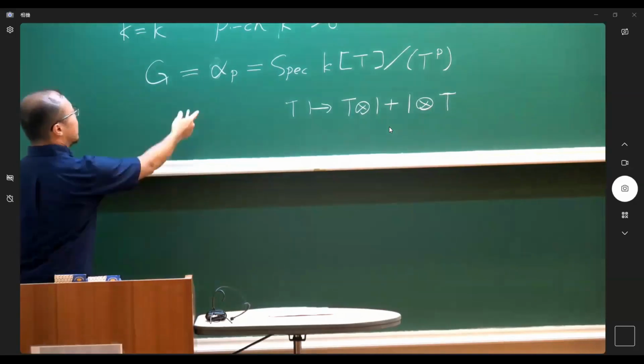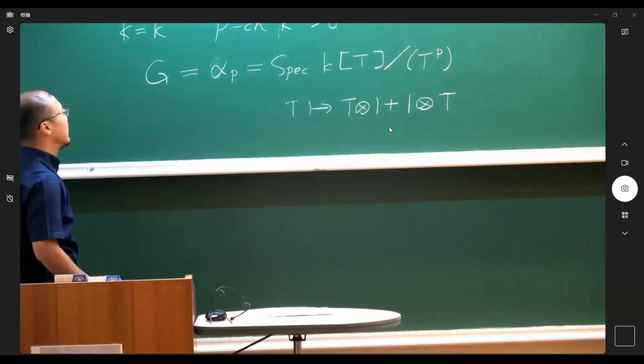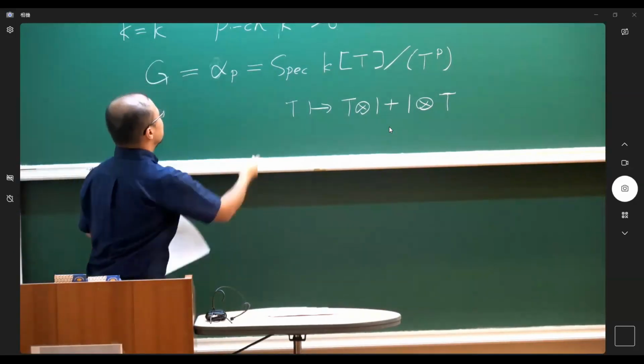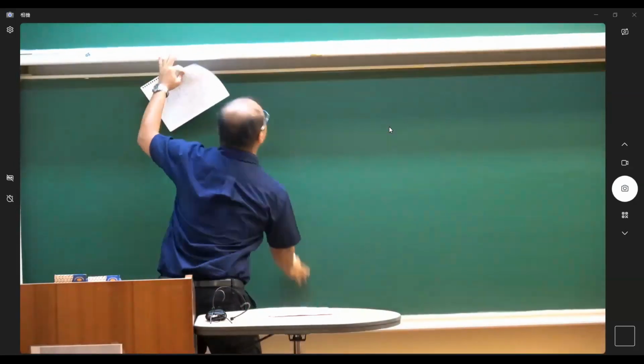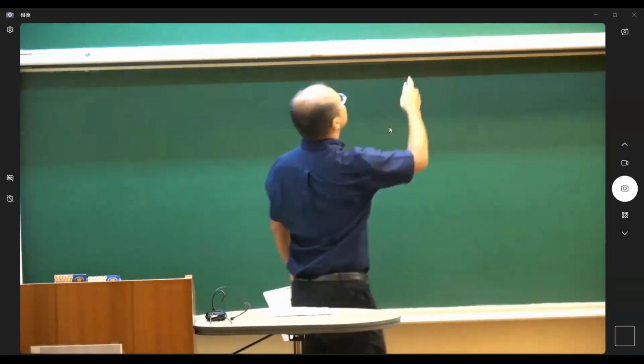And this is a group scheme that only exists in positive characteristic. This is actually the kernel of the Frobenius map on G_a.